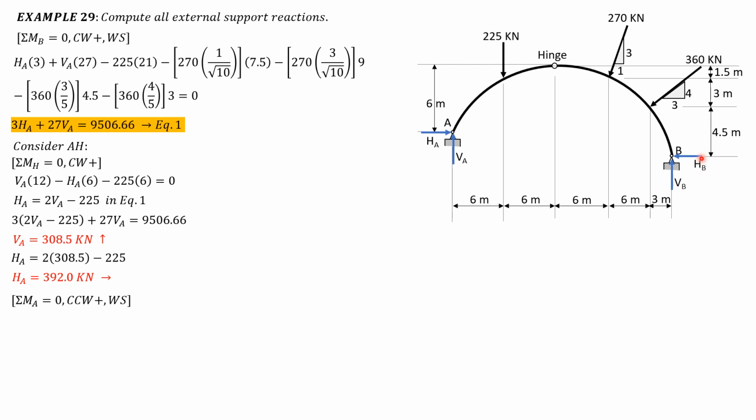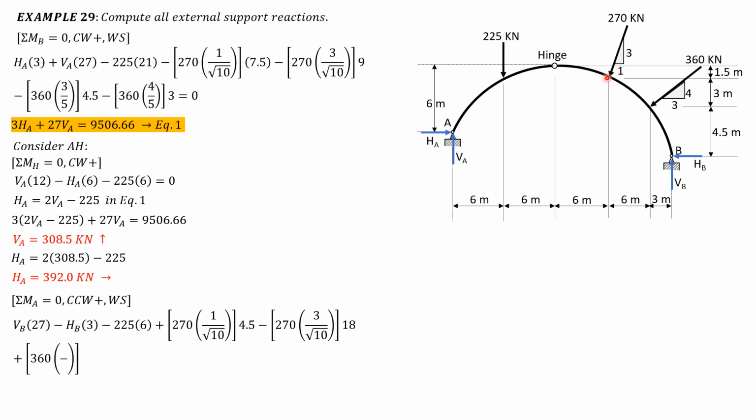So we have negative VA times 27 minus HB times 3, and minus 225 times 6, then the horizontal component of 270 times 1 over square root of 10. It is counterclockwise, so that's why it's positive, times 4.5, 6 minus 1.5 is 4.5, then minus 270, the vertical component, times 3 over square root of 10, the moment arm is 18.